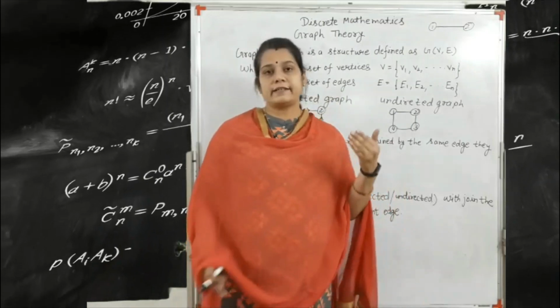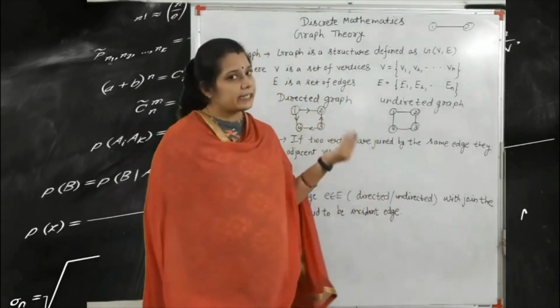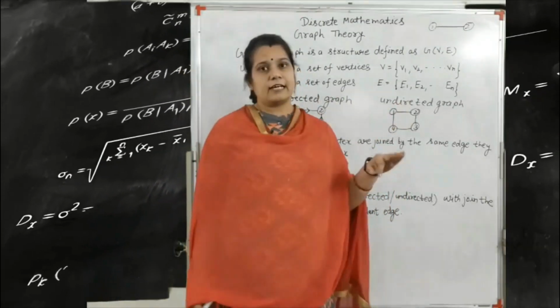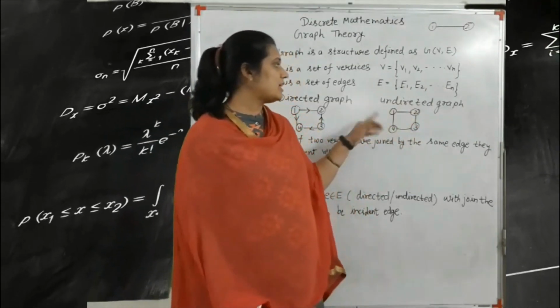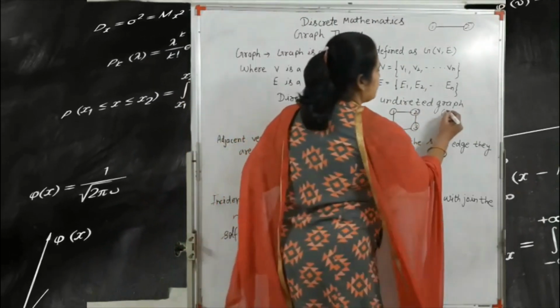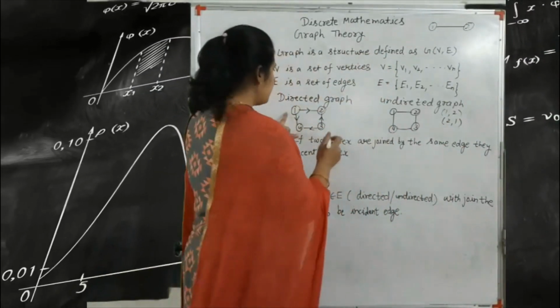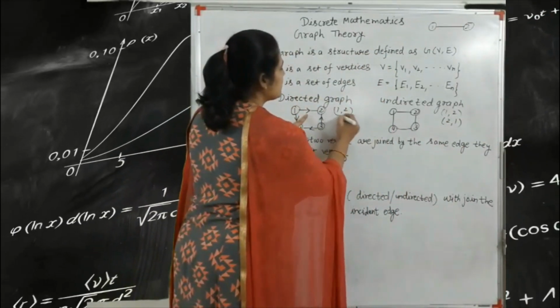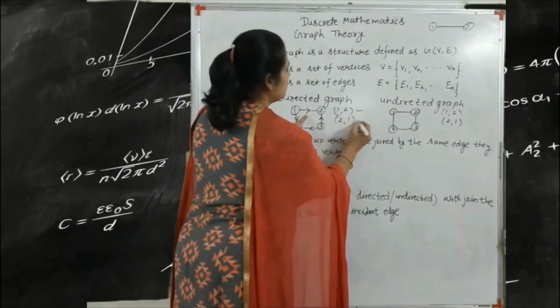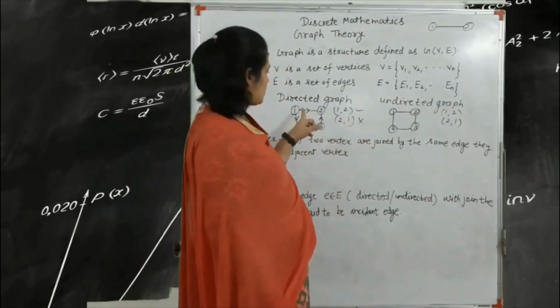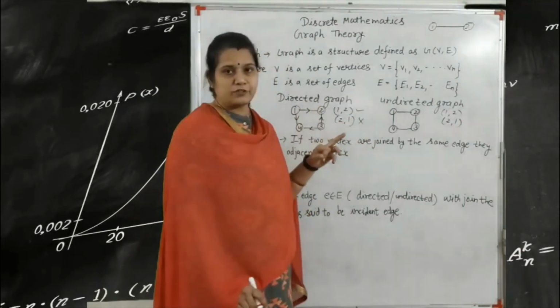In the directed graph a direction is given, but in the undirected graph it is not. In the directed graph, 1 to 2 is correct, but 2 to 1 is wrong, because the direction is 1 to 2.